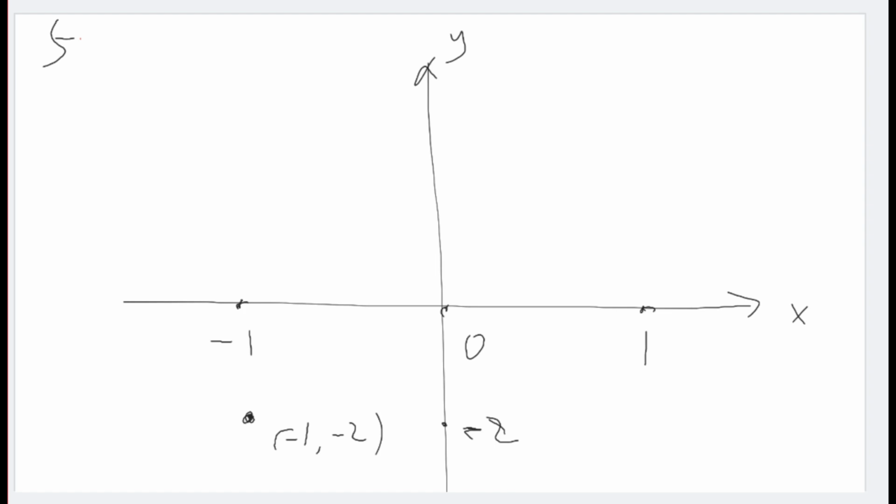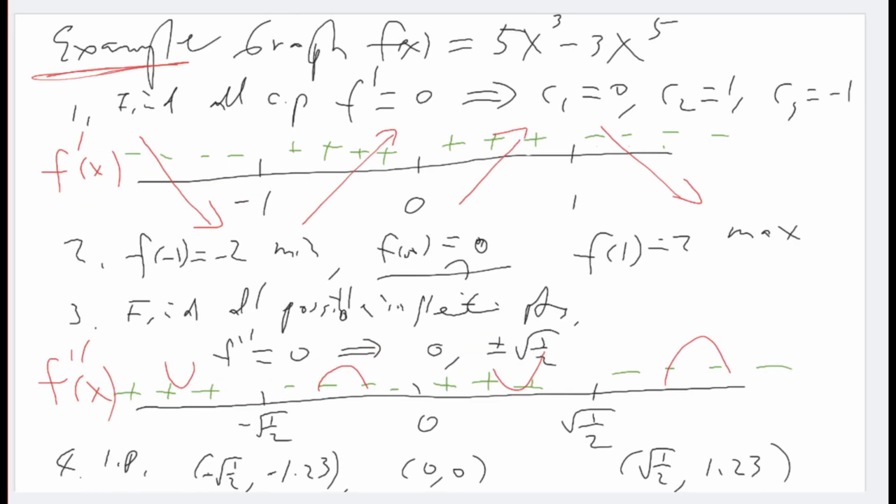There's a minimum value. What this means is the graph would have this kind of shape. So put a little cup here, minimum. Now we expect a maximum at (1, 2). At 1, the value is 2, and this is the maximum value.